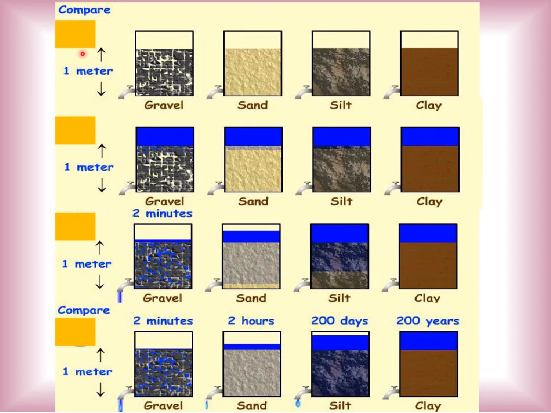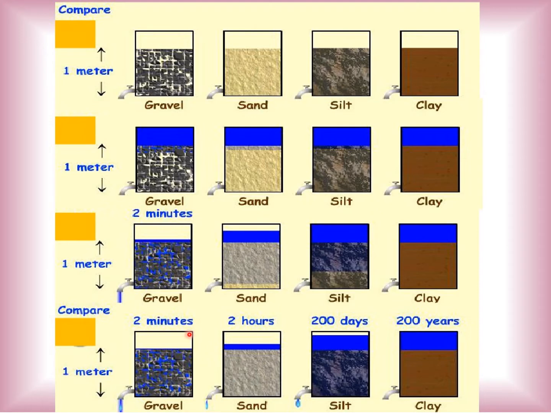Now I want you to compare gravel, sand, silt, and clay. For example, here, firstly you pour the water onto all of the samples. Right, so after 2 minutes, the water passes through the gravel. The water goes very fast, right?